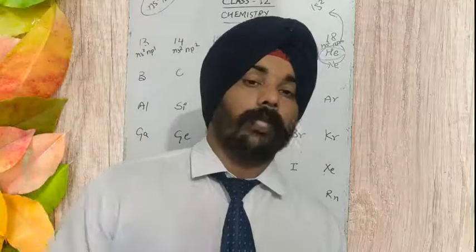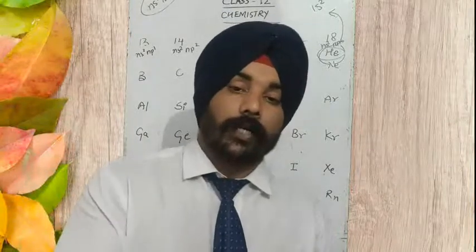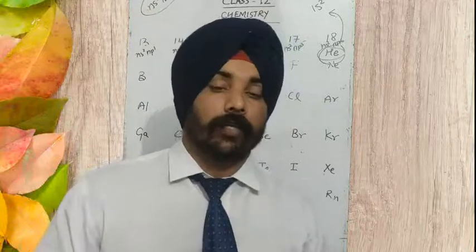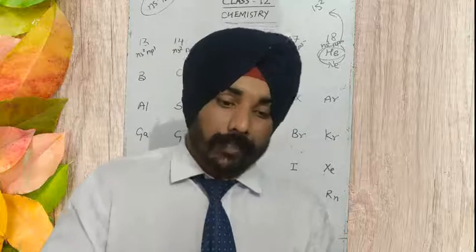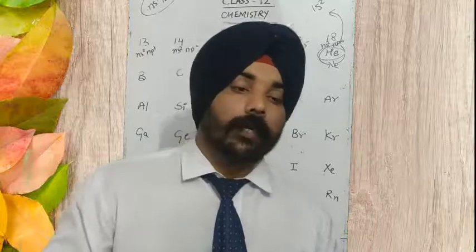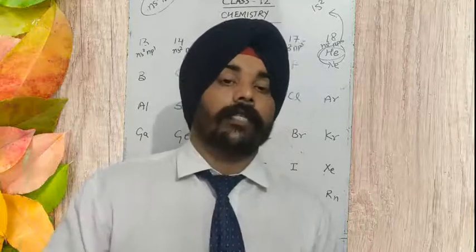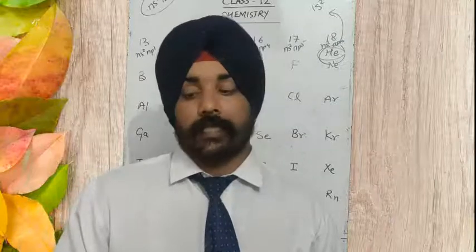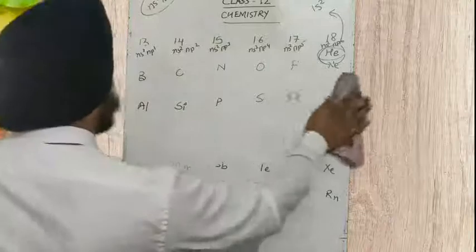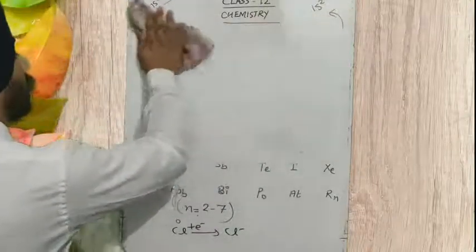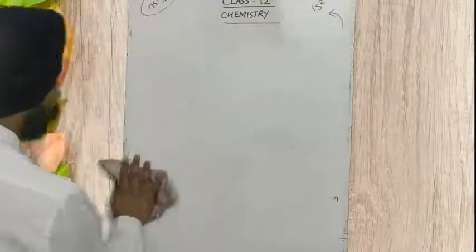And in opposite to that, the species which take the electrons, which have the tendency to accept the electron, are called oxidizing agents. So what is an oxidizing agent and what is a reducing agent? I am going to write here.